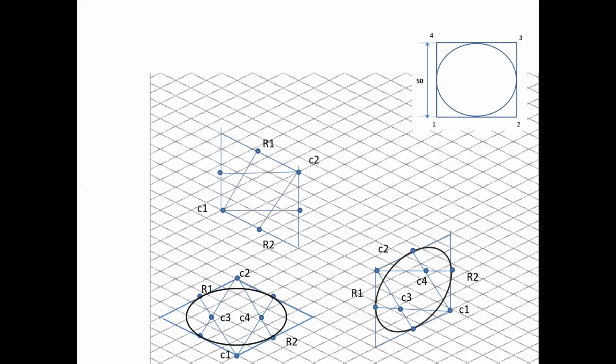Draw the lines from that particular point. Now, with C1 as center, R1 as radius, draw the arc. With C2 as center, R2 as radius, draw the arc. Similarly, C3 as center, R1 as radius, C4 as center, R2 as radius. So this procedure is called the 4-arc method.